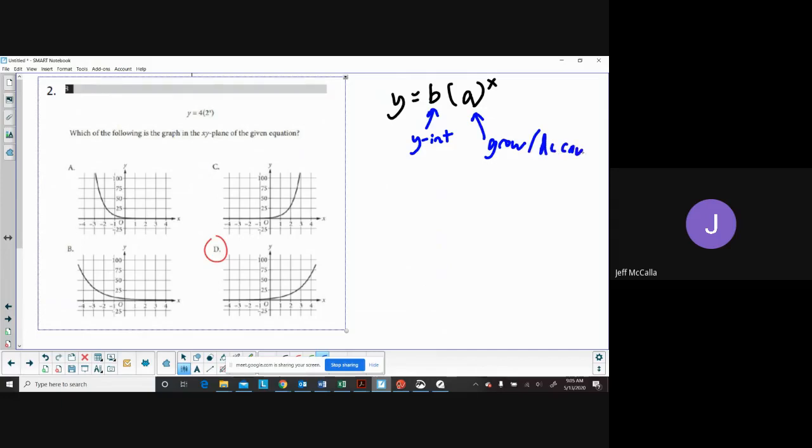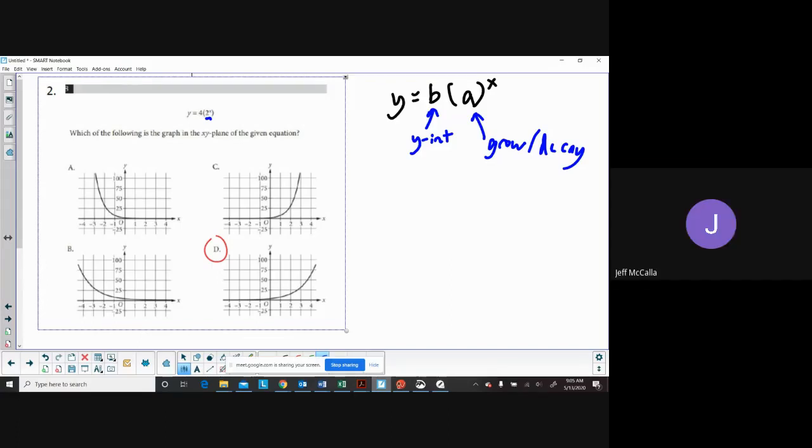When a is bigger than 1, it's growing. When a is smaller than 1, it's decaying. So a is 2 there, which means it's definitely growing. Does that make sense? Yes.